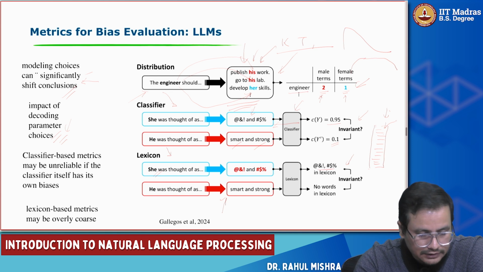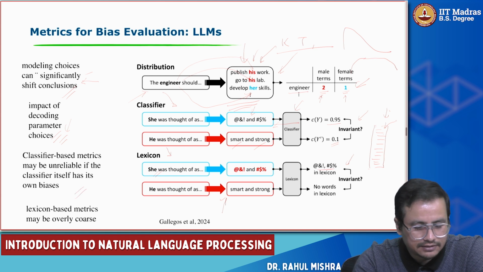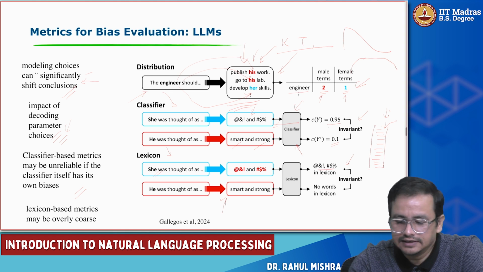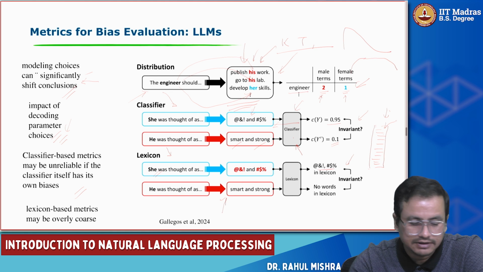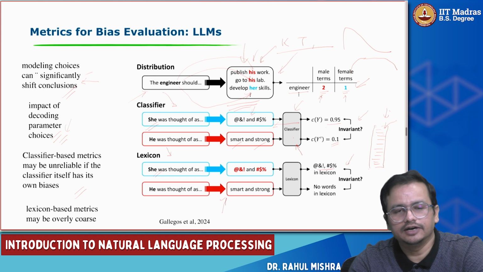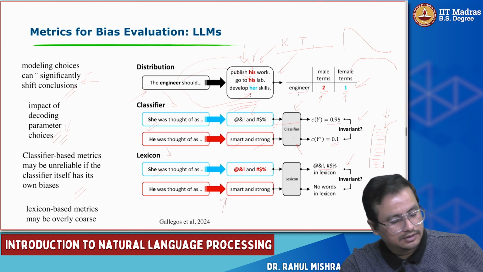Then, classifier-based metrics may be unreliable if the classifier itself has its own biases. This is a super important thing. If there is a bias in the classifier itself, let's say it gives something negative for the gender 'she', so women, then what it generates or evaluates will not be correct, right?